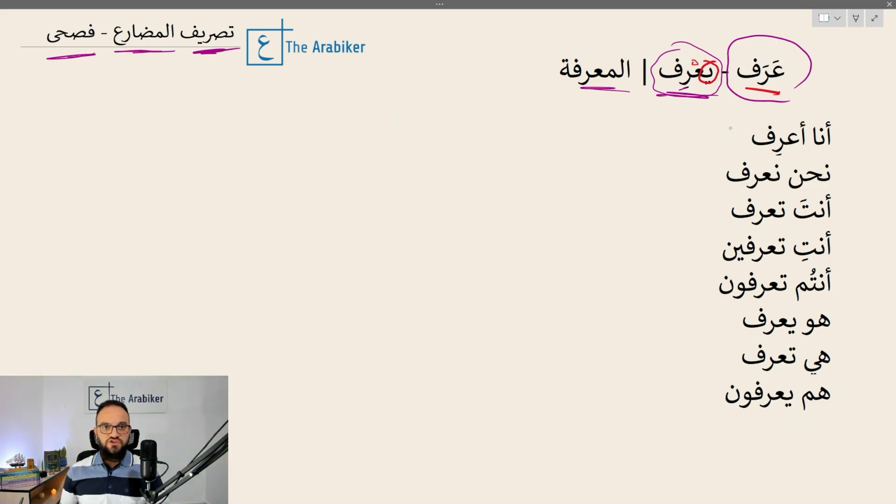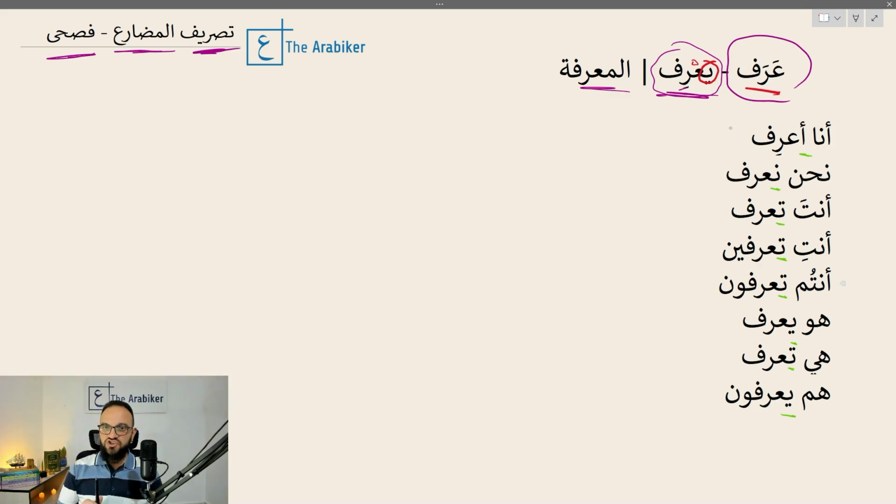The first thing that you might have noticed is that in present form conjugation, al-mudari', we added these prefixes, as we said earlier about the nature of a present form. A, na, ta, تعرفين, ta, تعرفون, ya, يعرف, تعرف, يعرفون. But we change the prefix according to the subject, to the doer, to the pronoun.